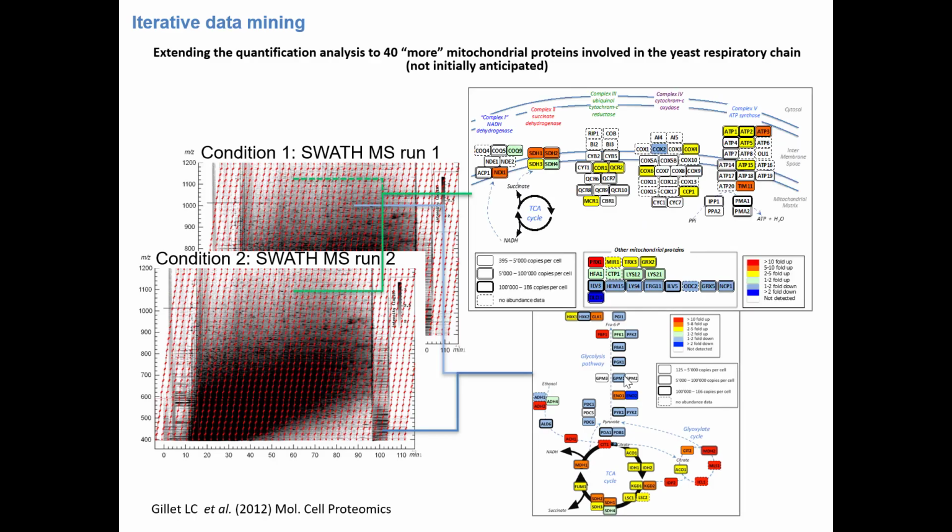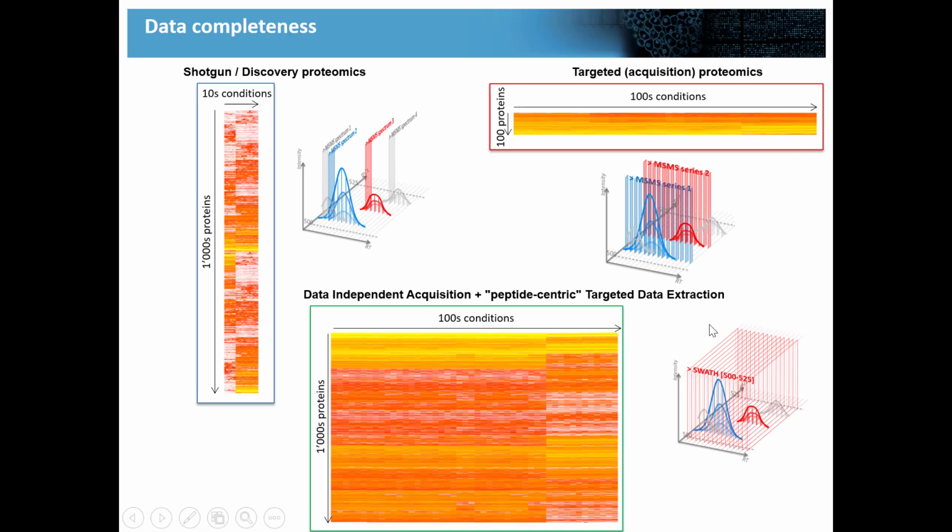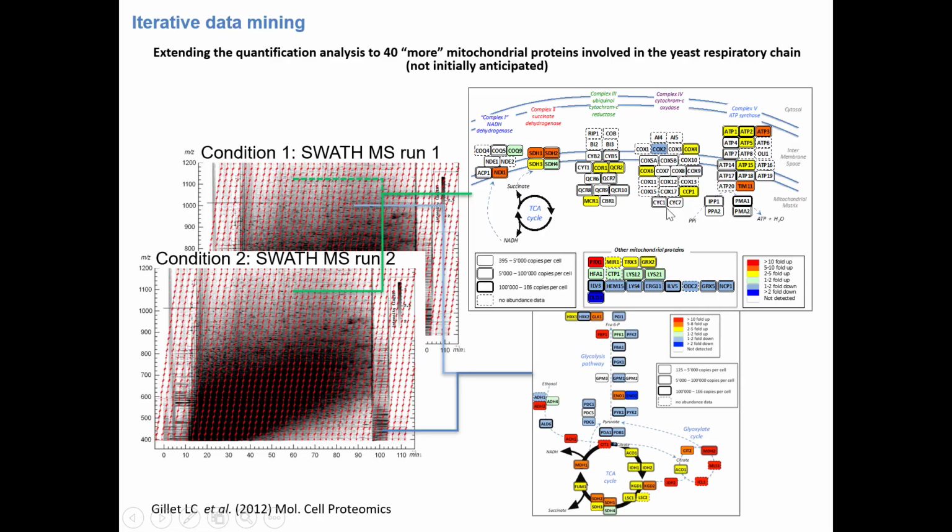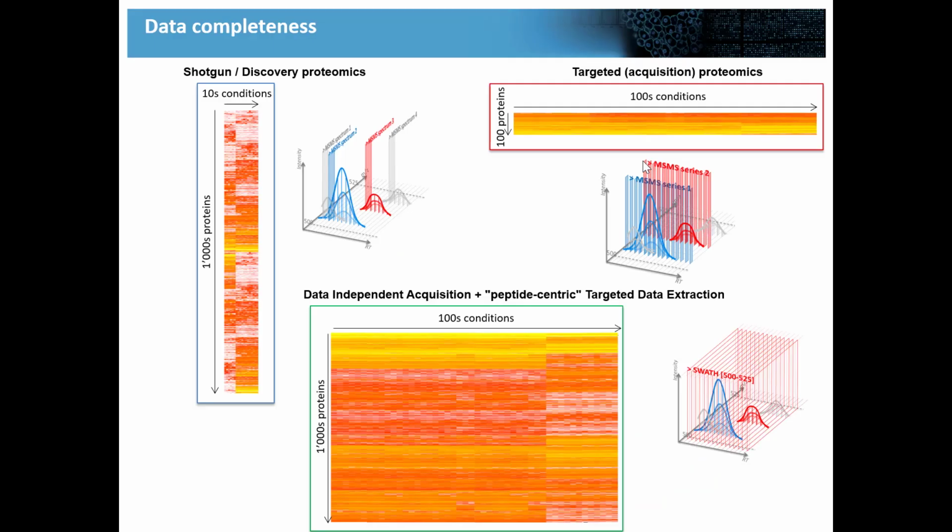But in the SWATH data, we could just say, what are the proteins that we're interested in? And now here are all the proteins of the electron transport chain, and you can see that there are again changes in some of these proteins. This emphasizes the complete nature of the data, that you can go back and iteratively reanalyze it.